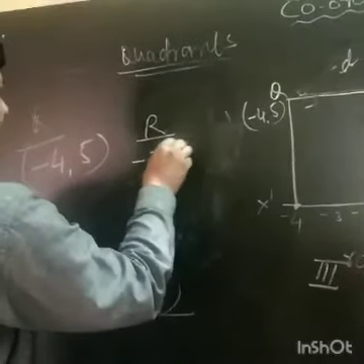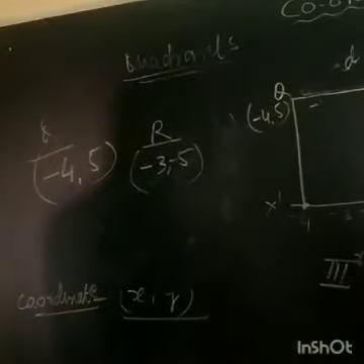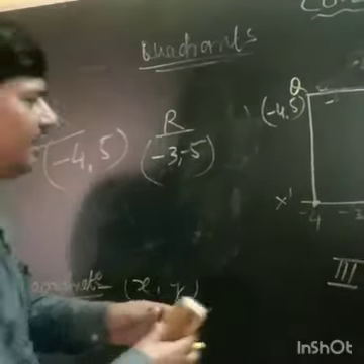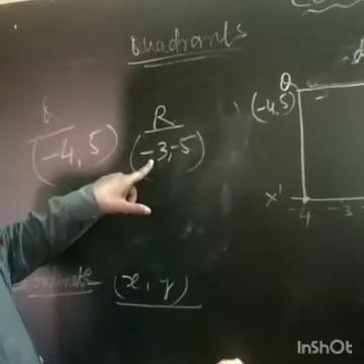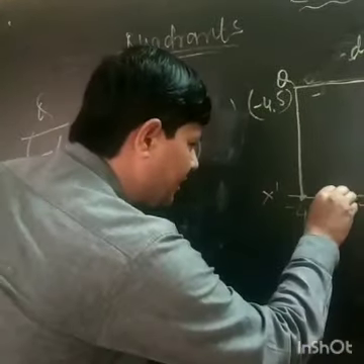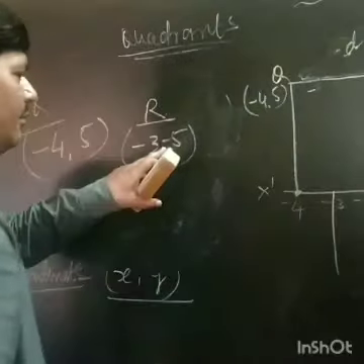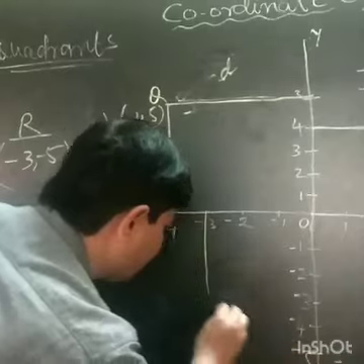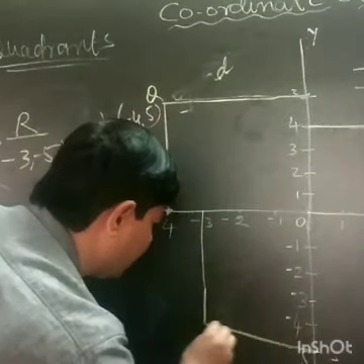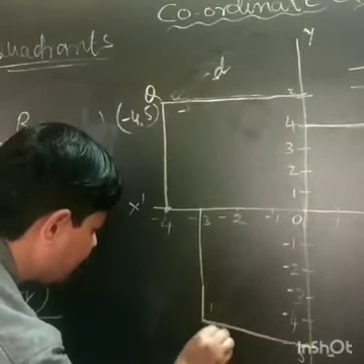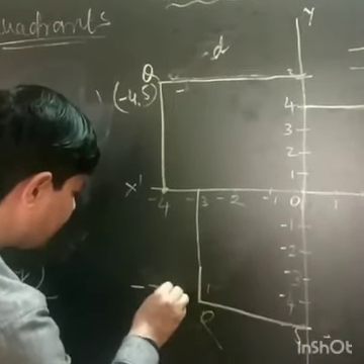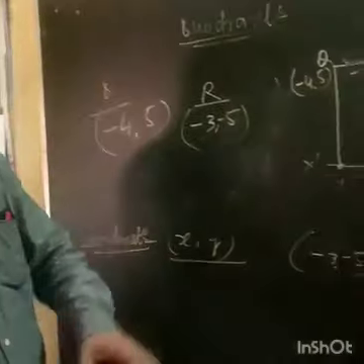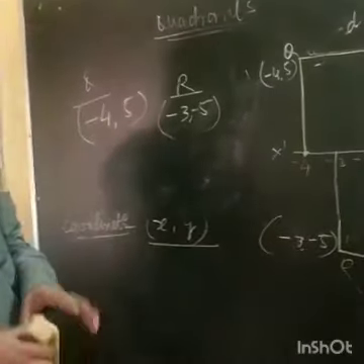Similarly, if I ask you to locate this point called R (-3, -5), can you locate it? Yes, very easily. You mark -3 on the x-axis and -5 on the y-axis. So this is the location of the point R (-3, -5).